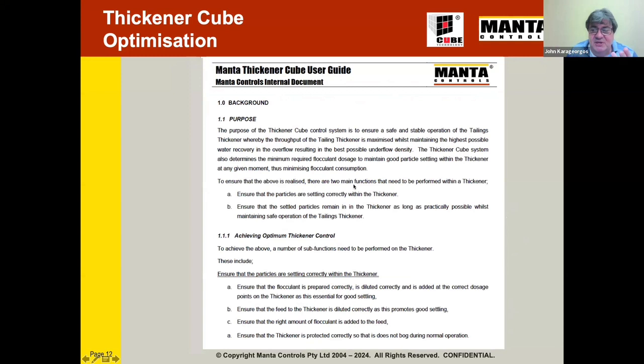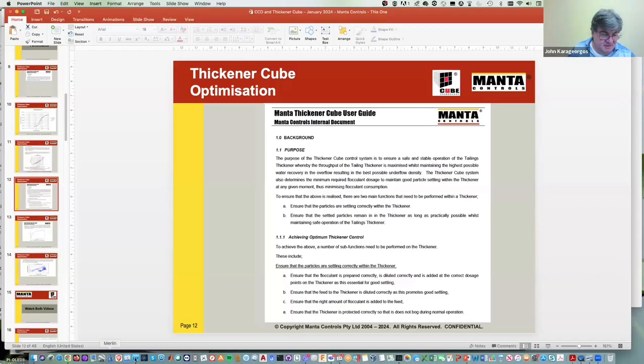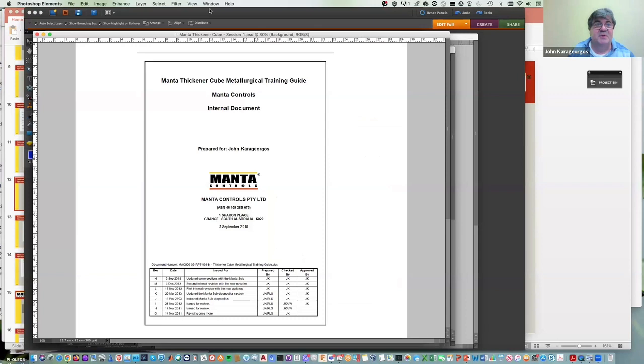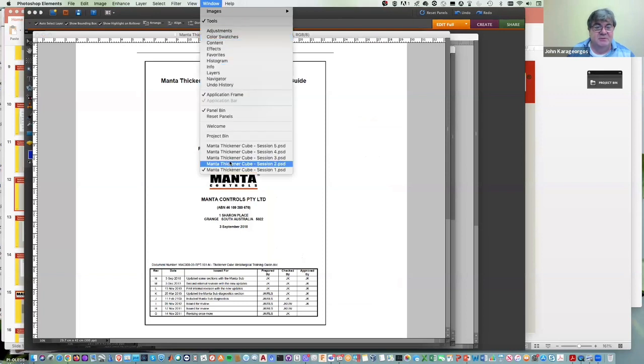So to achieve this, there's actually three things that you need to do. I might go to my whiteboard just for the moment. Let's go to page 2.